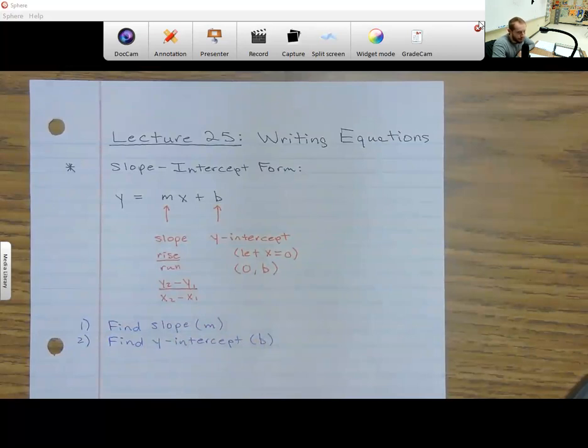And whatever number that is, whether it's positive, negative, or 0, we're going to write that down for b. So really, the only 2 things we need to find are m and b. The y and the x are variables, and they're going to fall into place. They are never going to change, but m and b can change. Okay? Let's look at a few graphs.